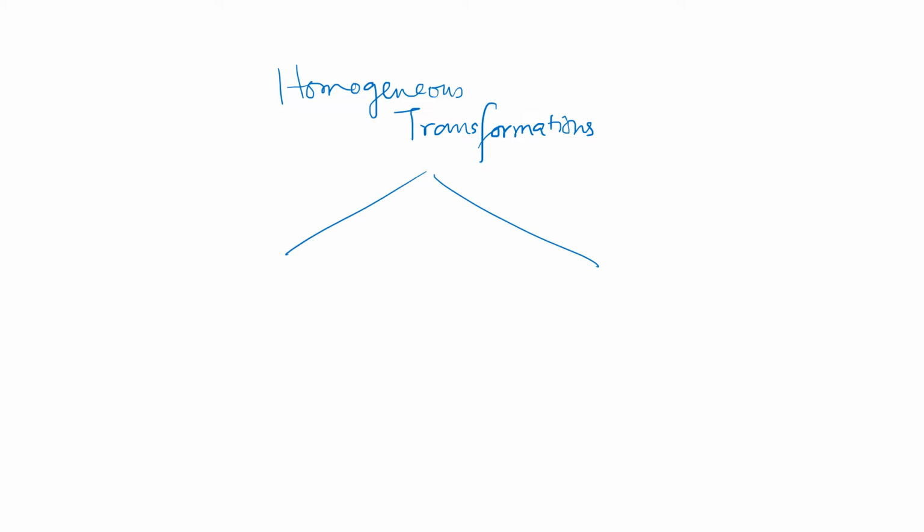Now the big question would be from where we're going to start the discussion. As we have mentioned earlier, homogeneous transformations are going to have two components. One corresponding to position representation and the other corresponding to rotation representation.